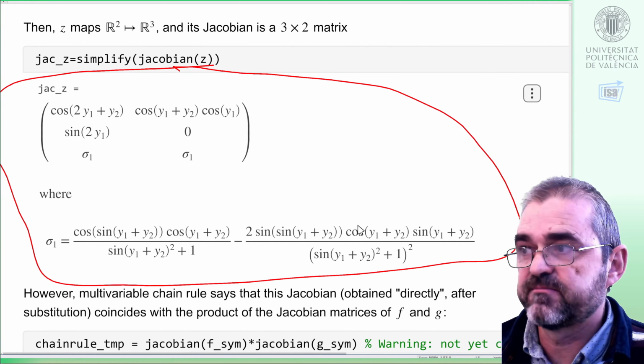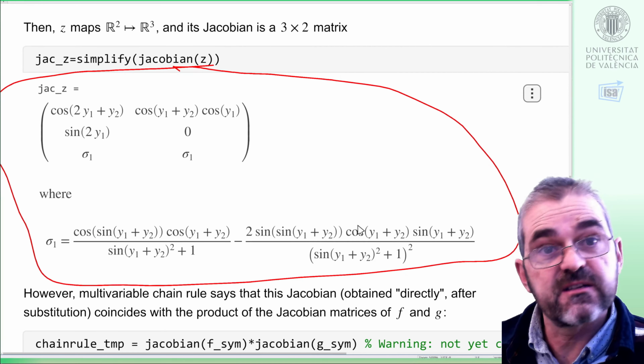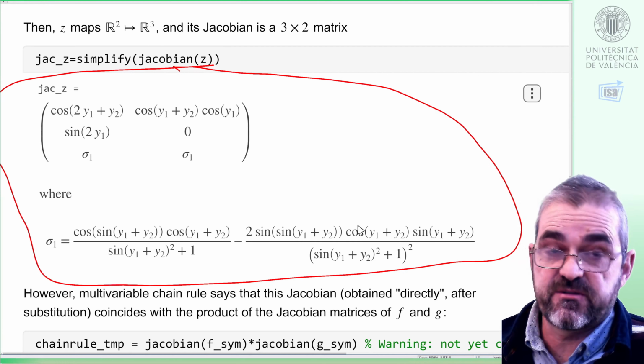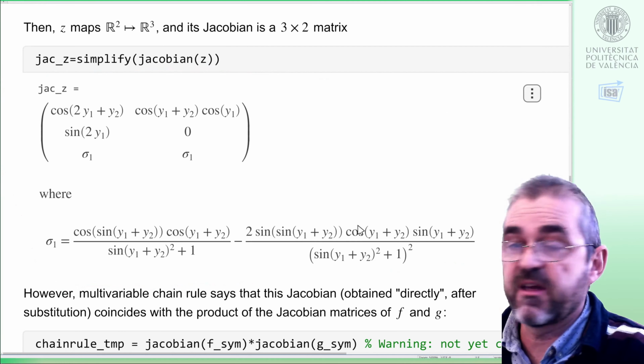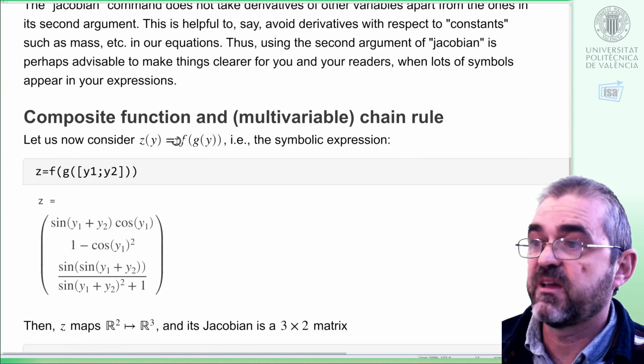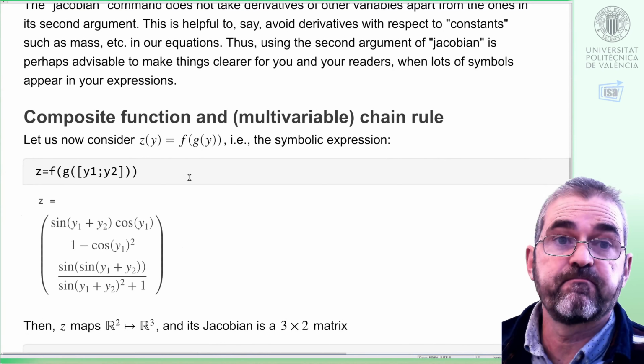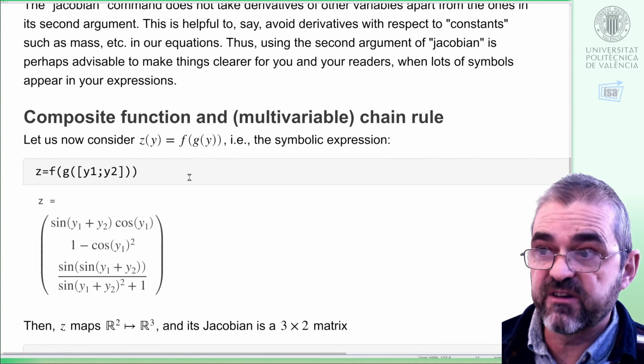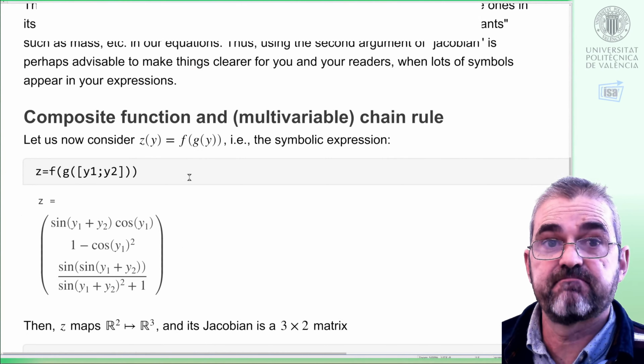Just swallow that. So how can we obtain exactly the same result with the chain rule if we know the derivatives, the Jacobians, of the constituent functions f and g? Well, chain rule tells us that the product of the Jacobians will give us the Jacobian of z.